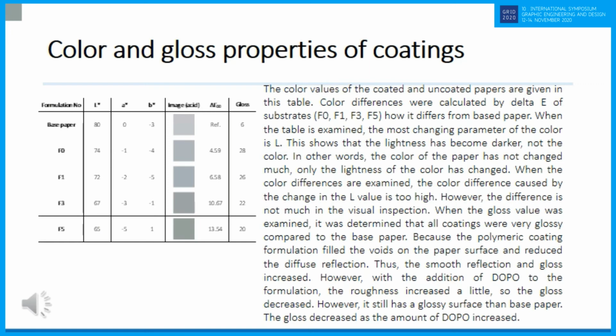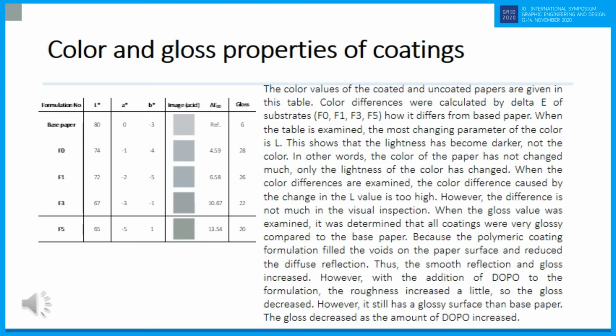When the table is examined, the most changing parameter of the color is R. This shows that the lightness has become darker, not the color. In other words, the color of the paper has not changed much. Only the lightness of the color has changed.